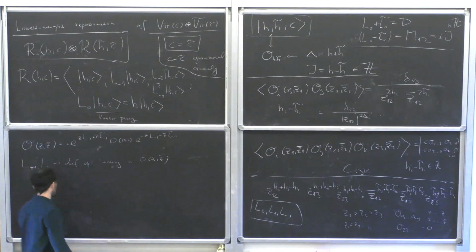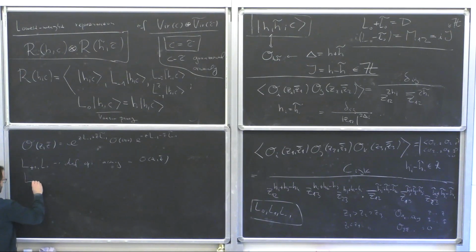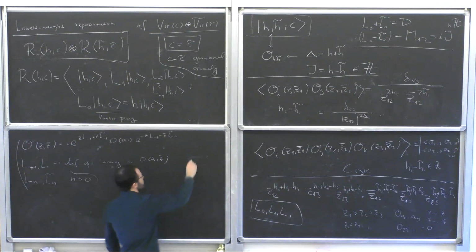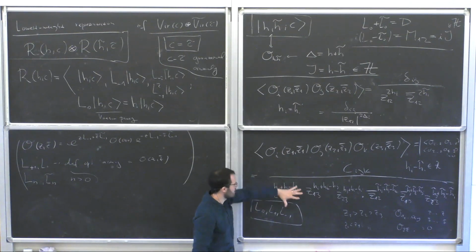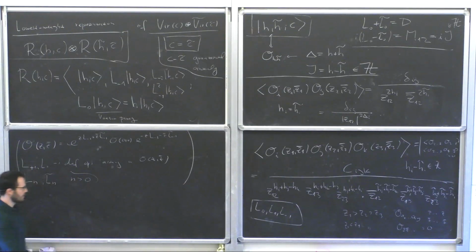In fact, also the L_n and L tilde_n for n positive, because these ones are going to annihilate this guy. So these also become some differential operators, but that's just a side comment. And then these 2 and 3-point functions satisfy the Ward identities arising from these generators.